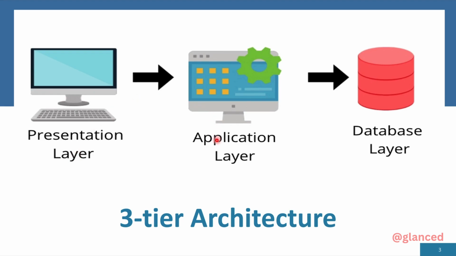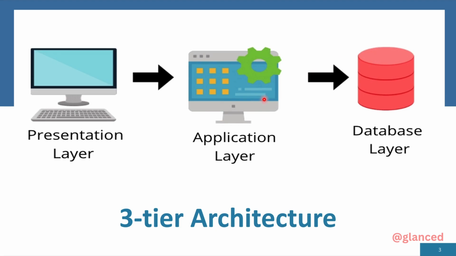And the next thing, you are searching for a product, right? When you are searching for a product, there will be a code executed in the background. So that code is written by the developers and that layer is known as application layer. And whenever that code is executed, the data should be fetched, right?